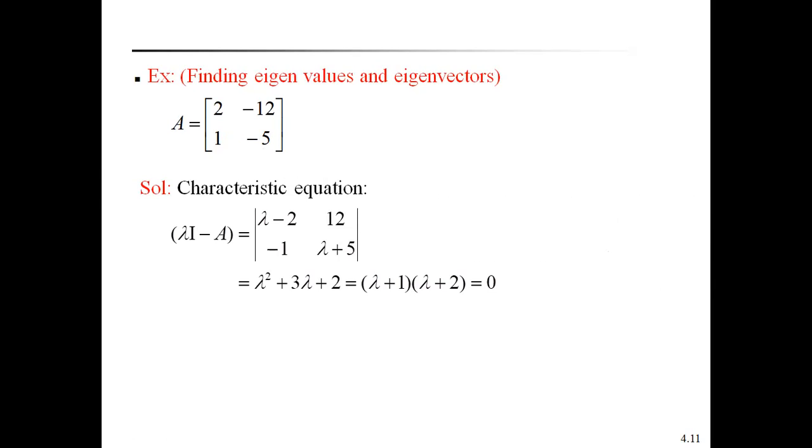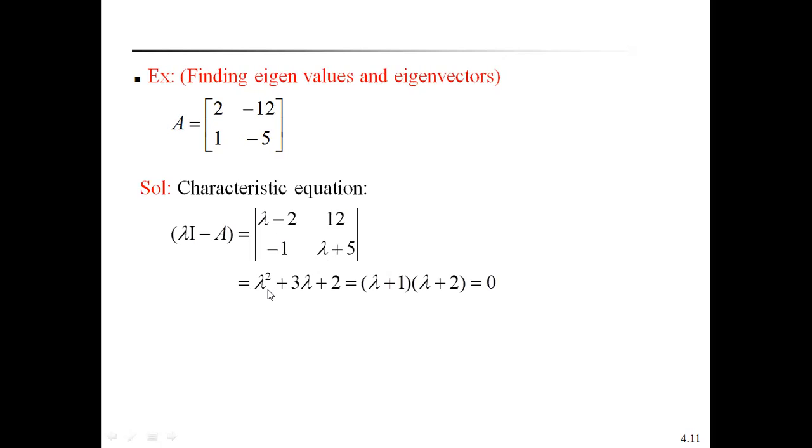That can be written as the matrix [lambda minus 2, 12; minus 1, lambda plus 5]. To take the det of this 2 by 2 matrix, AD minus BC: (lambda minus 2) into (lambda plus 5) minus (minus 1) into 12.